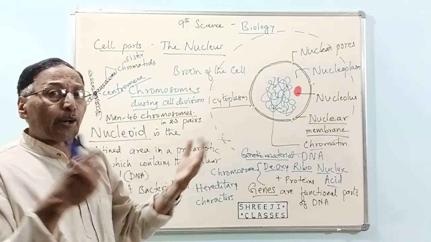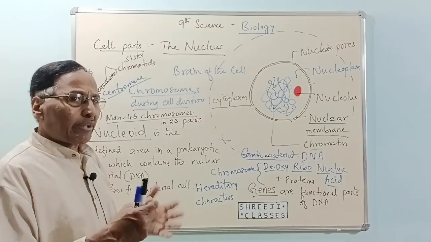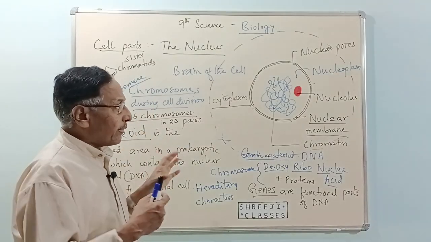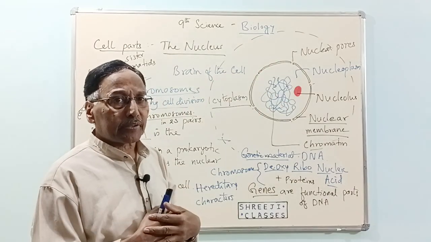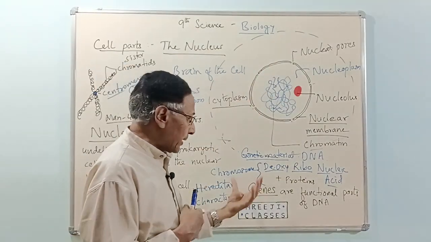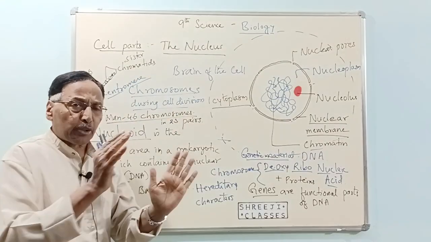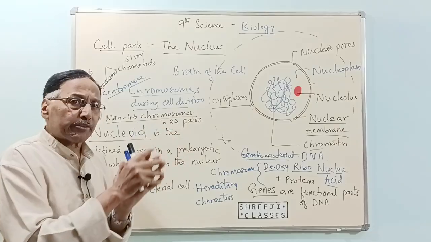In the case of prokaryotic cells, what do we mean by prokaryotic cells? The cells which are very primitive, very old, crude type. They do not have a definite nucleus. The nuclear material, that is the DNA, is present in some corner of the cytoplasm.